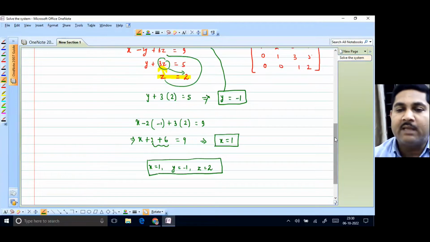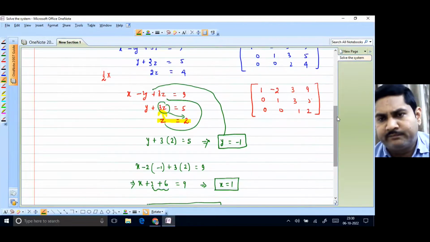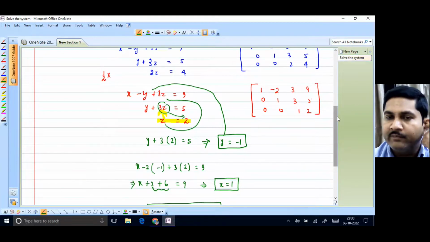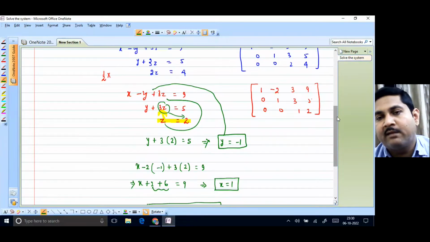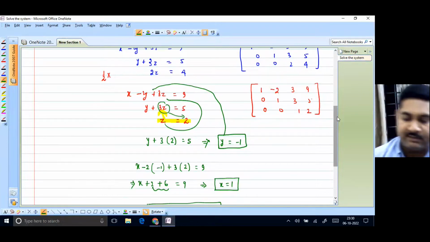And at the same time, I want to discuss how we can justify whether my solution is unique or infinite in number. And before that, I have one major question: how we can say whether my system is solvable, that is, my system is consistent, or my system is not solvable, or you can say inconsistent.